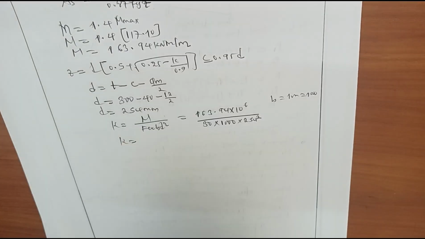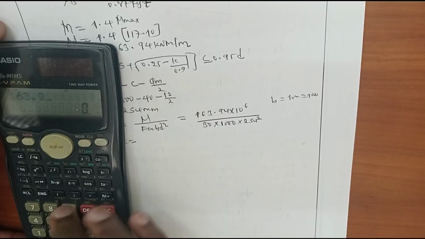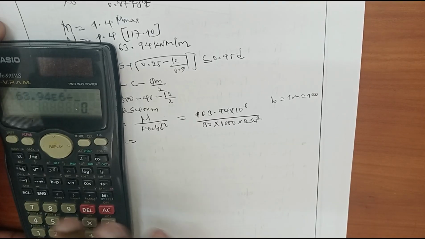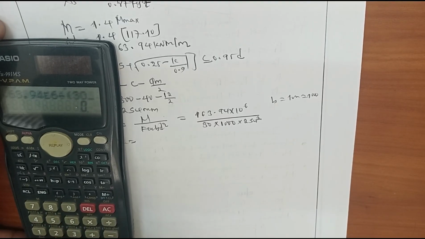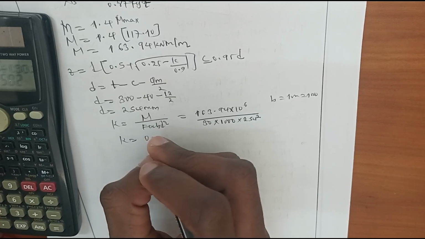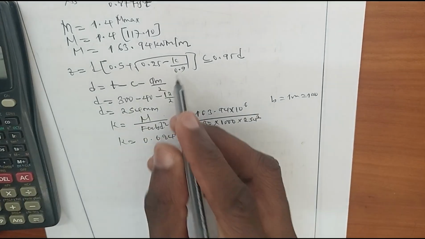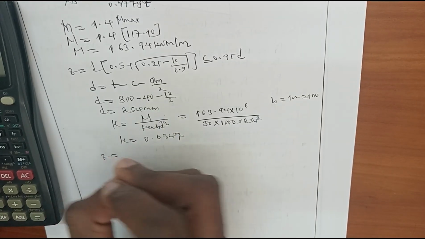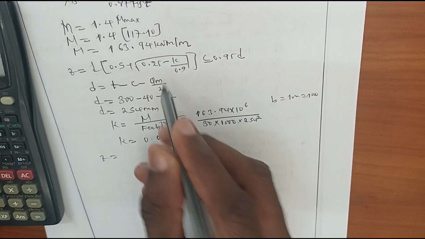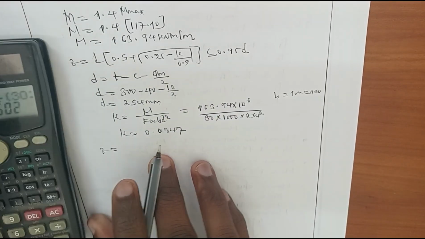Now the value of K will be equal to 163.94 times 10 exponent 6 divided by 30 times 1,000 times 254 square. It will be equal to 0.0847. Now let's compute the value of z. If we substitute this value into this formula, you'll be able to get the value of z.